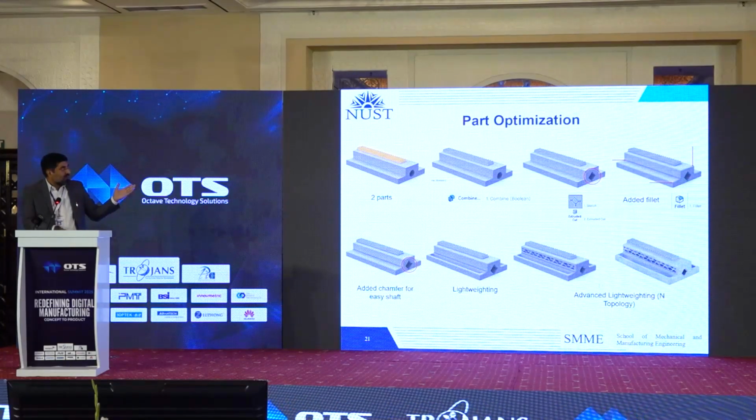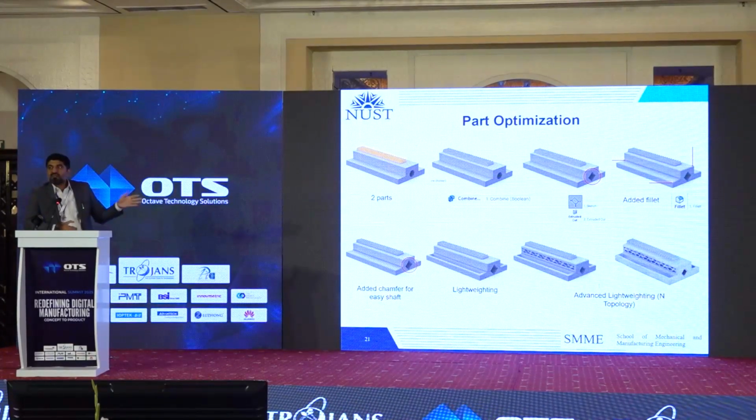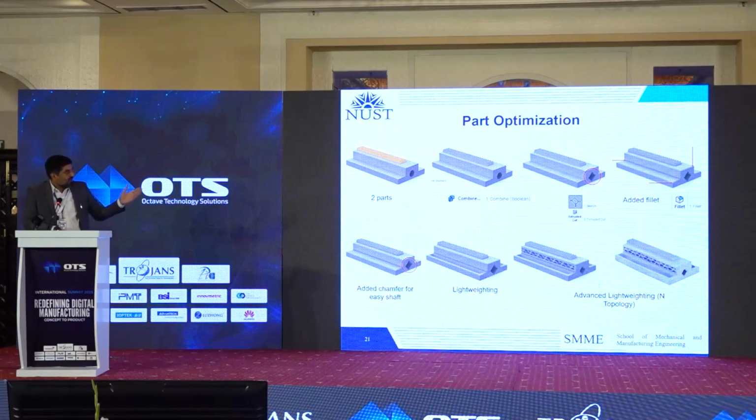There is one example of part optimization. If you have two different parts, you just combine them together, whereas with traditional manufacturing you can see you are using the same tools.